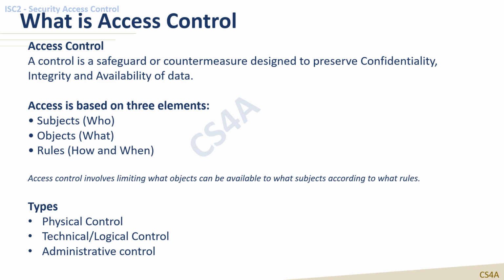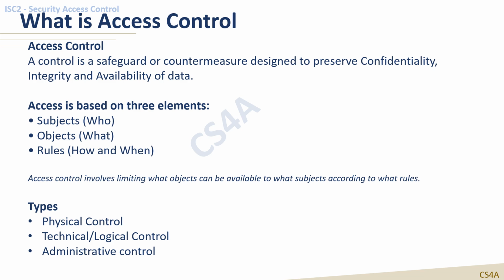Access control is broadly classified into three types: physical control, technical or logical control, and administrative control. Physical control is a mechanism deployed to prevent, monitor, and detect contact with the systems or the area within the facility. Examples of physical access control are security guards, fences, motion detection, locked doors, sealed windows, cable and laptop locks, badges, and swipe cards.